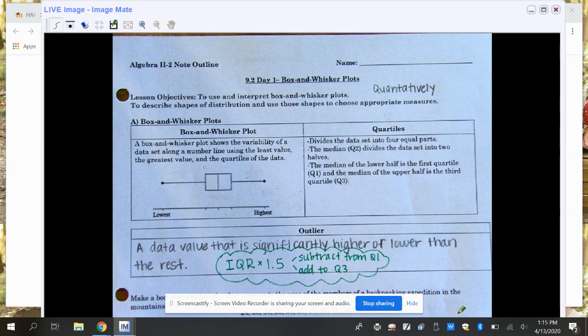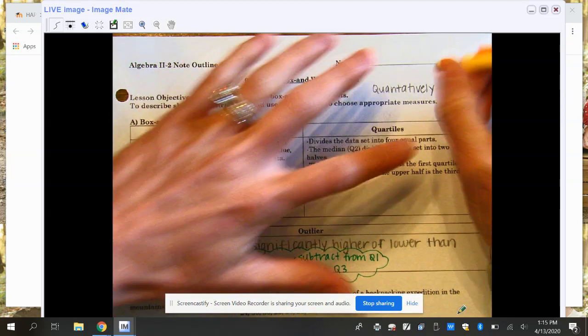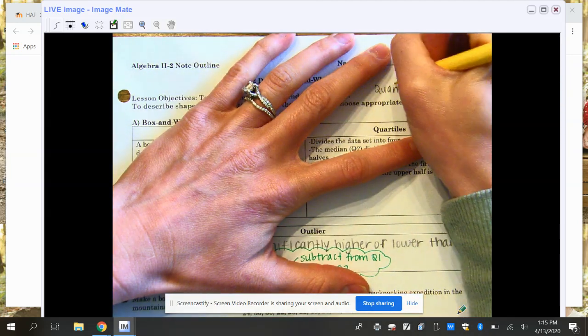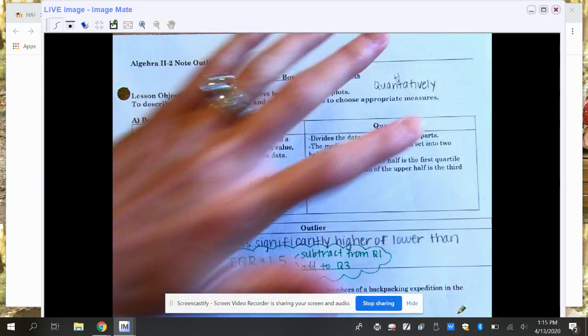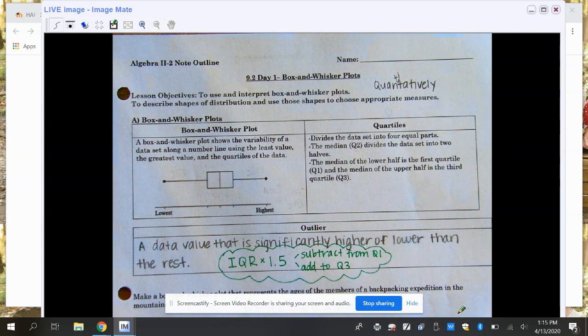Quantitative means numerically and more analytically, in terms of analytical interpretations and stuff like that.